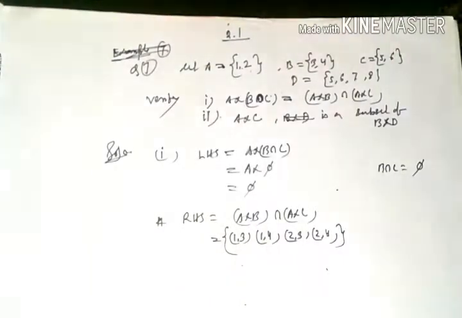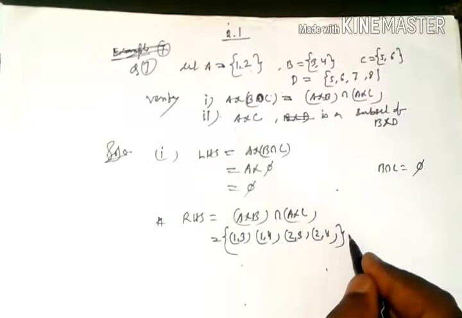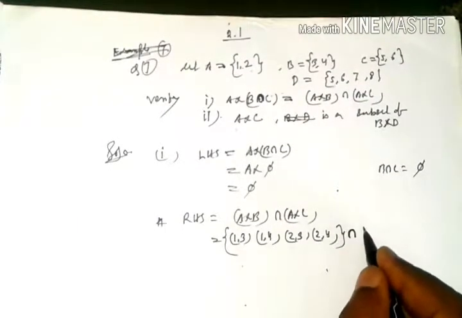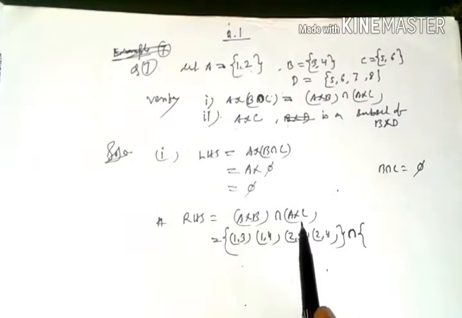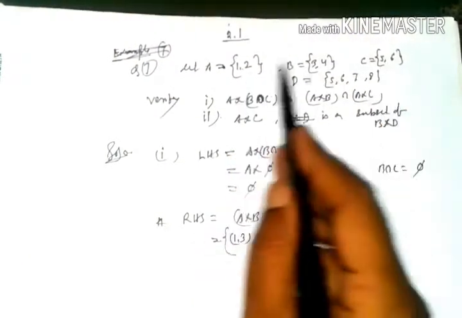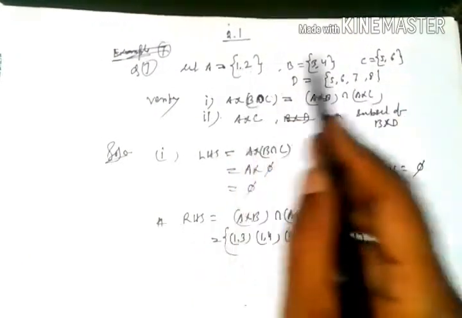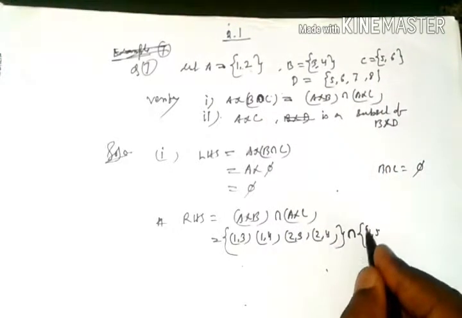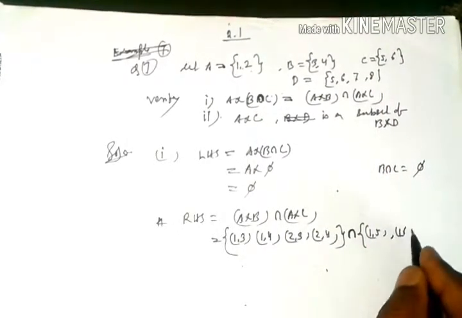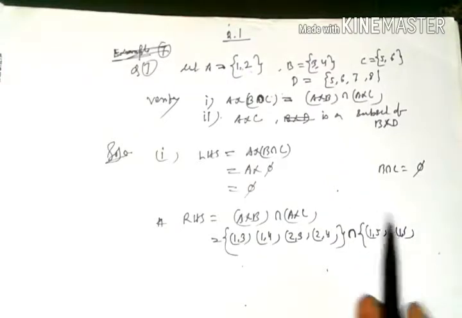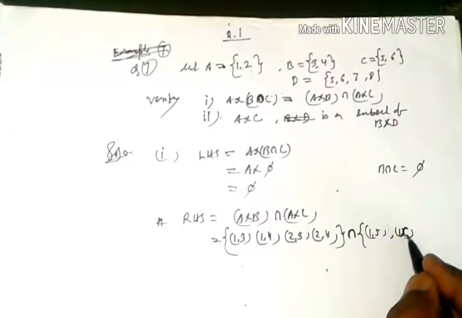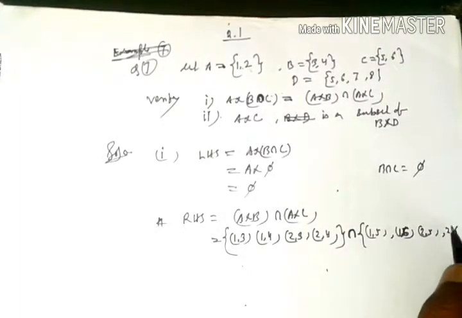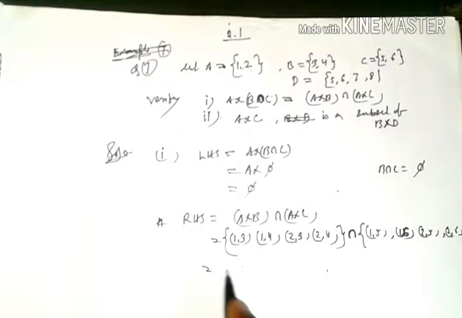This is A cartesian product B. Now A cartesian product C: (1, 5), (1, 6), (2, 5), (2, 6).